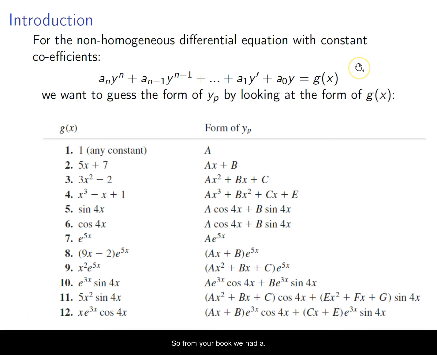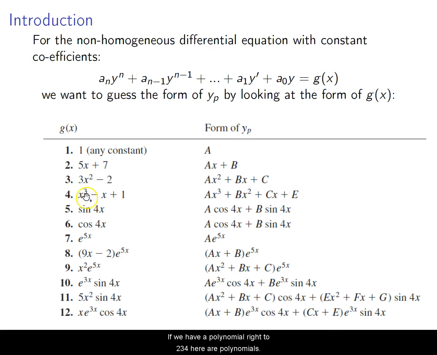So from your book, we had a sort of a guide, okay? And you shouldn't memorize the guide, but you should memorize how it works, okay? So the way g of x looks is the way that our particular solution is going to be formed, right? So let's talk about this a little bit, okay? If we have a constant value, the form of our particular solution should be a constant.